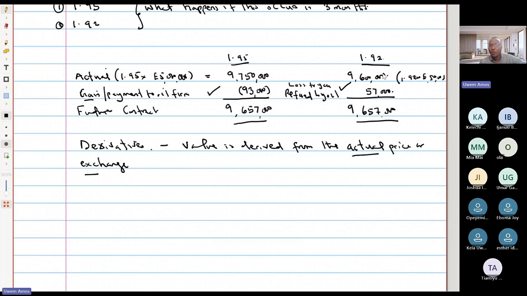So that's the key problem with futures, guys. Now, just imagine that you told your company you want to help them manage foreign currency, so you tell them, let's go into futures. They decide to go into futures, and then in 3 months you come and tell them they have to pay an extra 57,000.